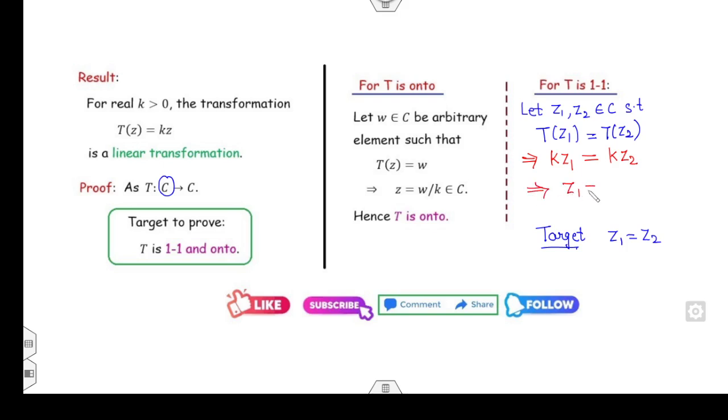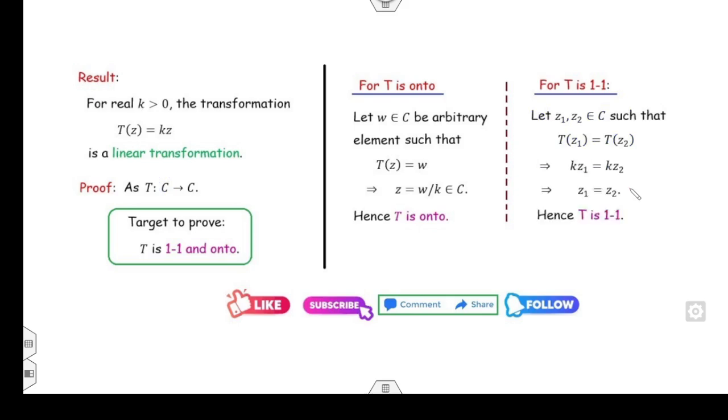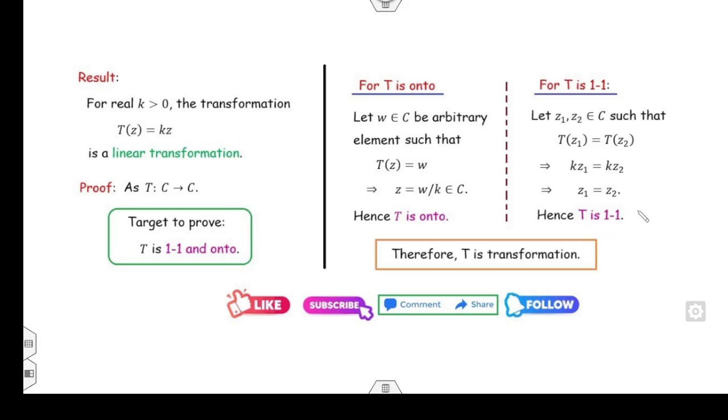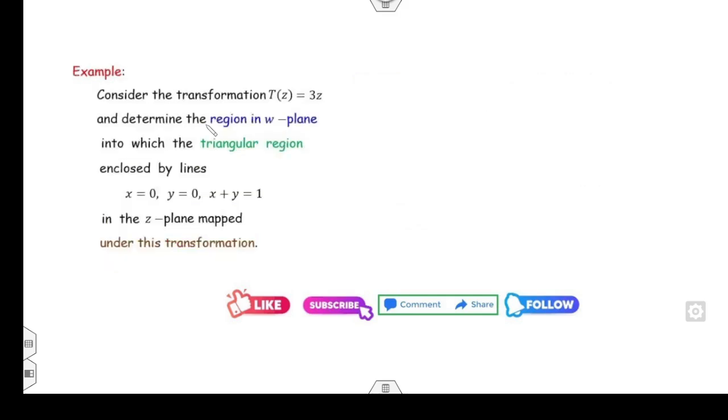Hence, Z1 is equal to Z2. This implies T is one-one. Once T is onto and T is one-one, therefore the magnification or the dilation mapping is basically a transformation.